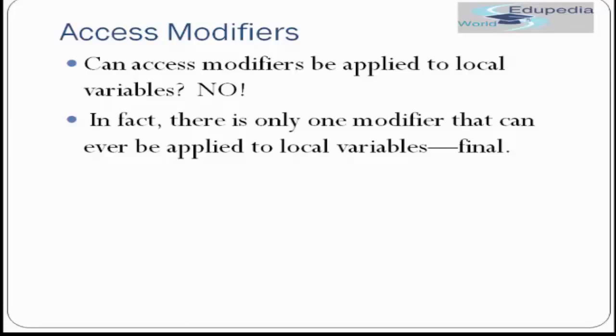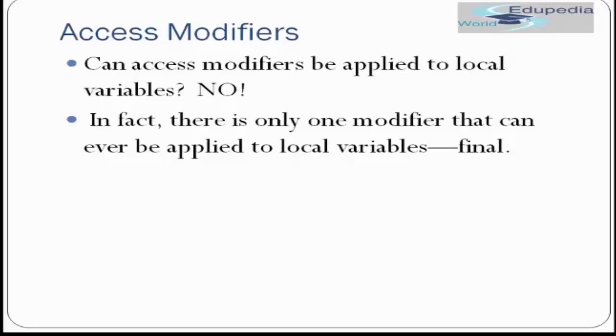It's not even default, I would say it's only available within that local block. Outside that local block, the local variable has no scope. So there is no use of making it public, private, protected, or default, because irrespective of the modifier, it won't be available outside that local block.